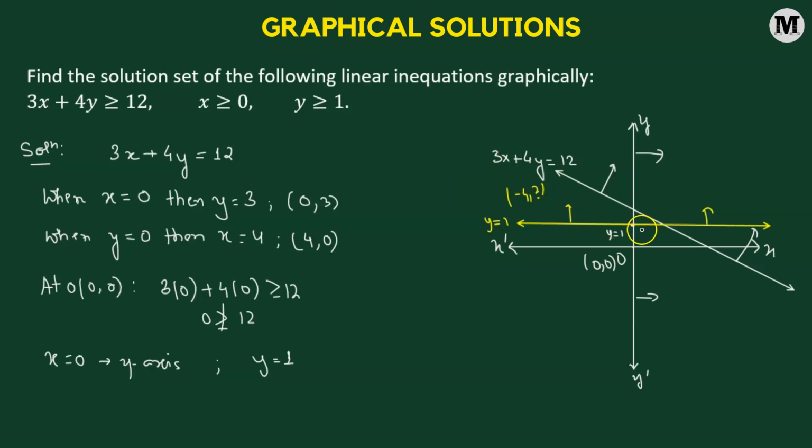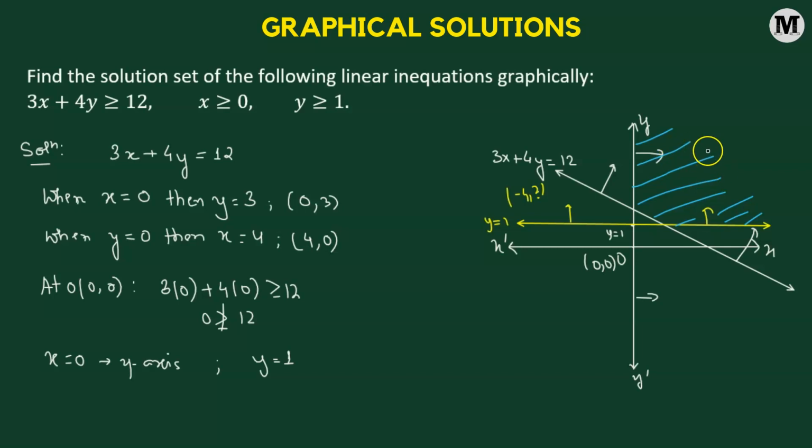Now we have to find a region which satisfies all the 3 regions. We can observe that the common region is this shaded region, shaded with blue color. This is the region that lies above the line 3x plus 4y equals 12, lies to the right of the y-axis, that means x is greater than 0, and also lies above the line y equals 1.